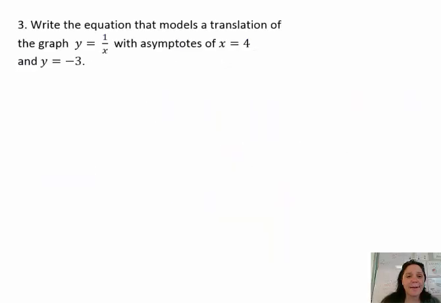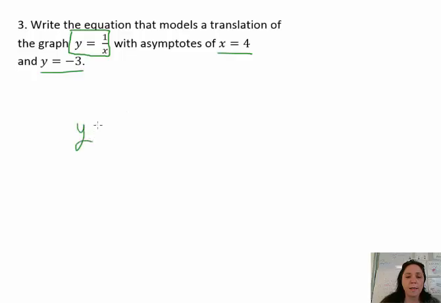So let's look at our first question. We have our parent function, the parent function of the reciprocal function family right here, and it's asking me to move my horizontal asymptote to -3 and my vertical asymptote to 4.